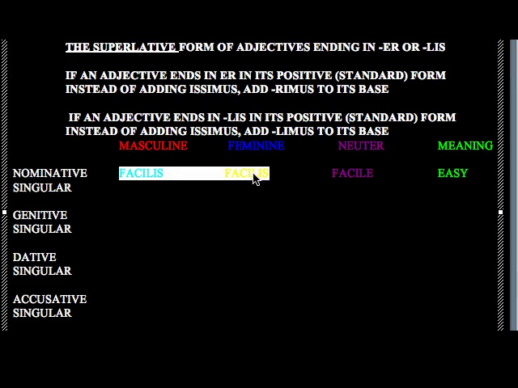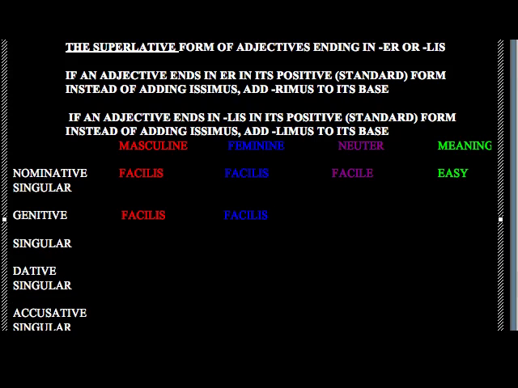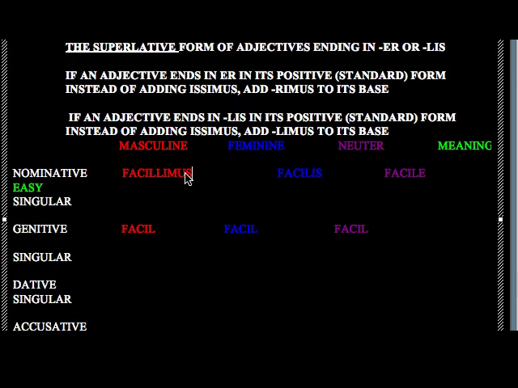The genitive, of course, of this is just facilis, facilis, and facilis. So you just drop off the is endings and you get facil. That's your base. And then you would just add limus to that.